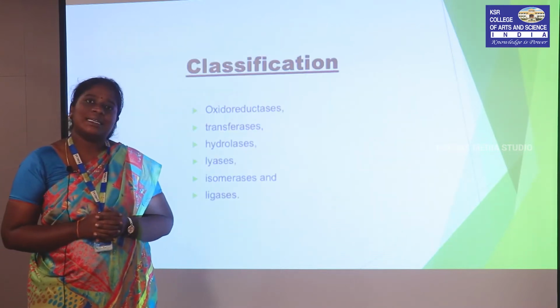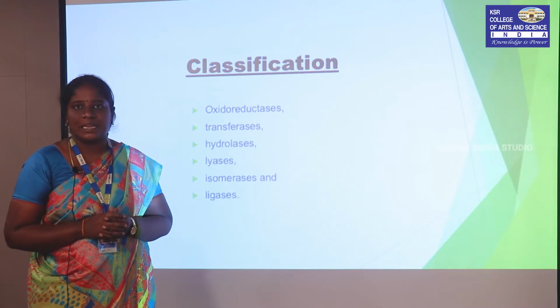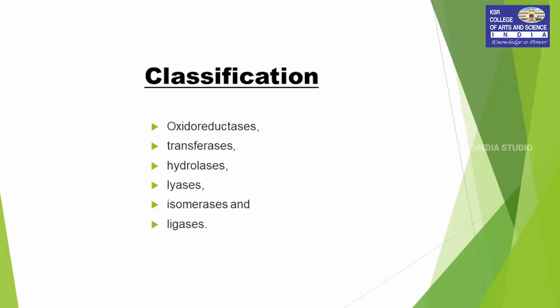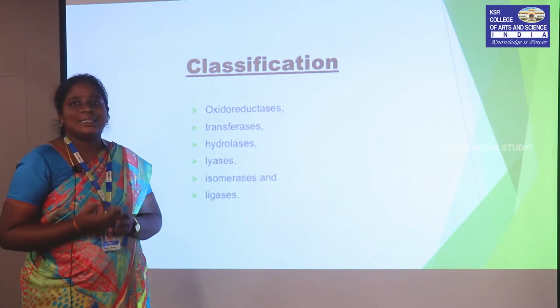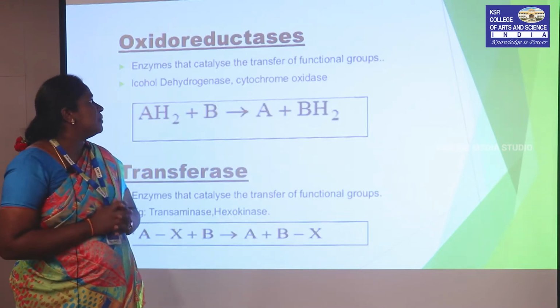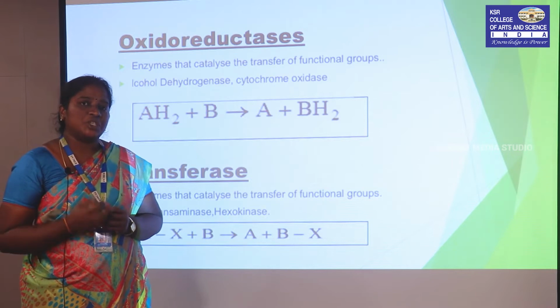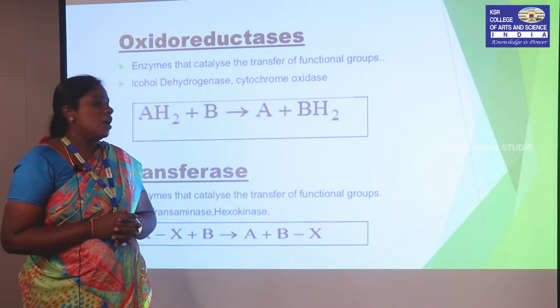Next, we are going to discuss the 6 major classes of enzymes: oxidoreductase, transferase, hydrolase, lyase, isomerase, ligase. First, oxidoreductase. Oxidoreductase enzymes catalyze oxidation-reduction reactions, for example alcohol dehydrogenase and cytochrome oxidase.